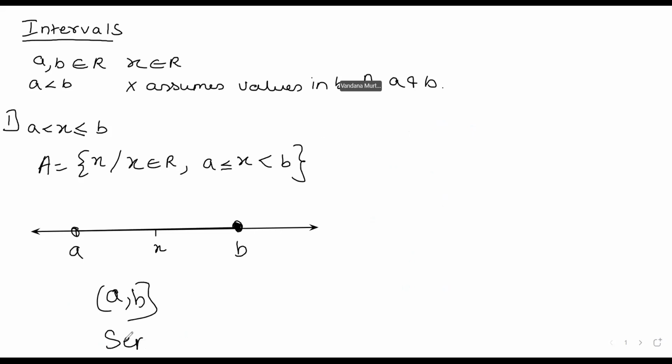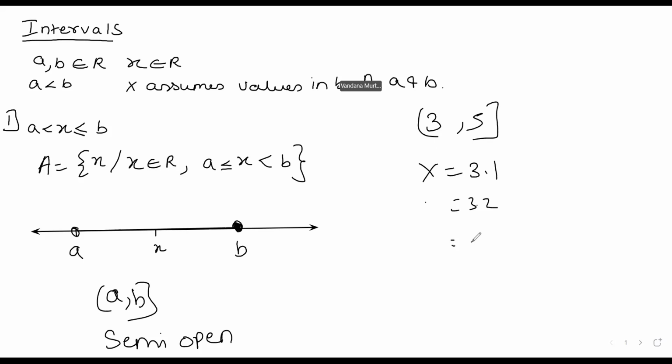This is semi open interval. If it is between 3 and 5, then X will never assume 3. It will start from 3.1, then 3.2, so on up to 3.9, and it will become 5 at one point.